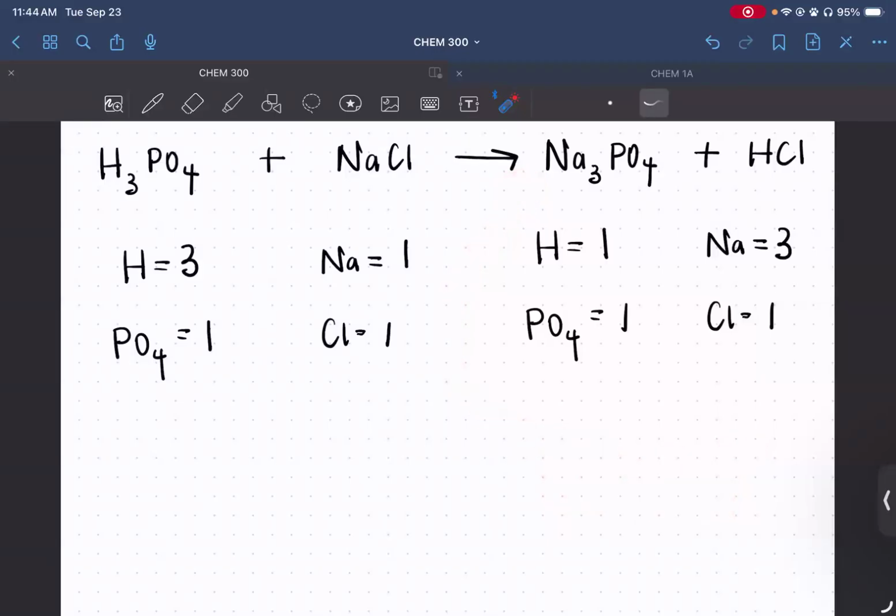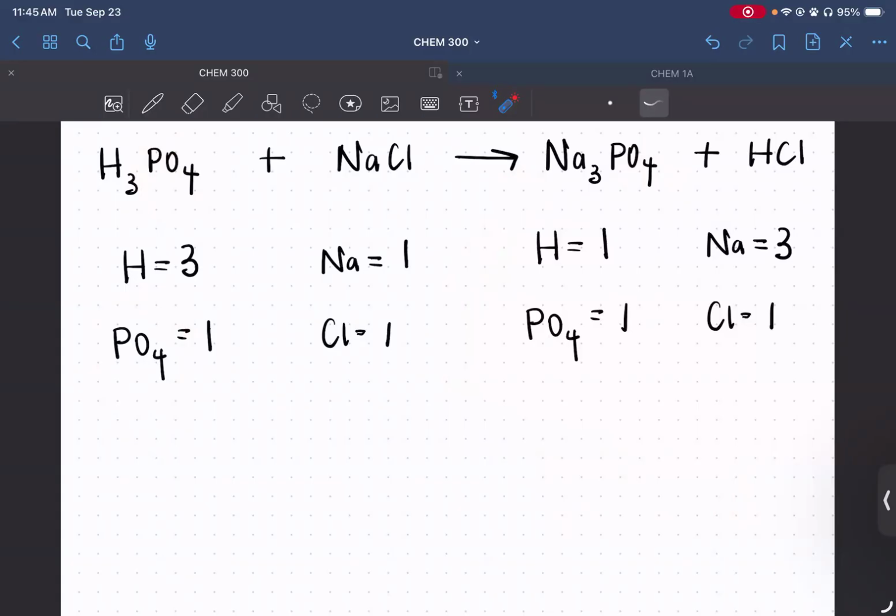So the big takeaway from this is that the only time these subscript numbers will automatically carry over or be grouped together like this is when it's a polyatomic ion. This is why it's important that we start memorizing, if we haven't yet, what our polyatomic ions are. But that's just a small tangent.